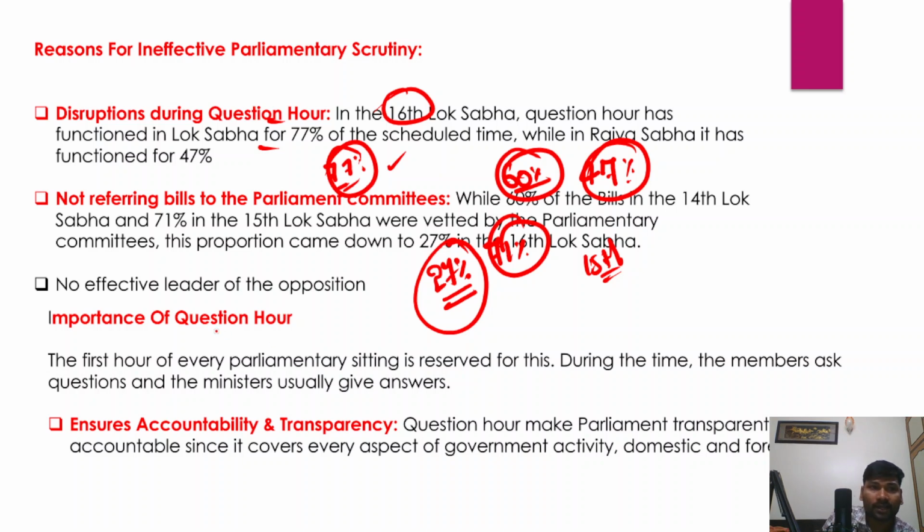And apart from that, there is no effective leader of opposition as well. This is also another major issue plaguing the parliamentary scrutiny of various bills and the ability of parliament to hold the executive accountable.